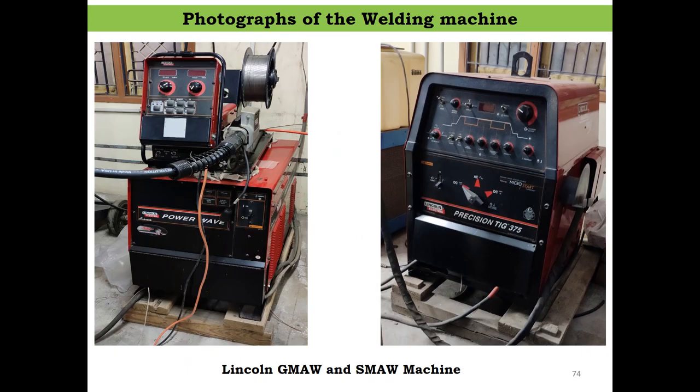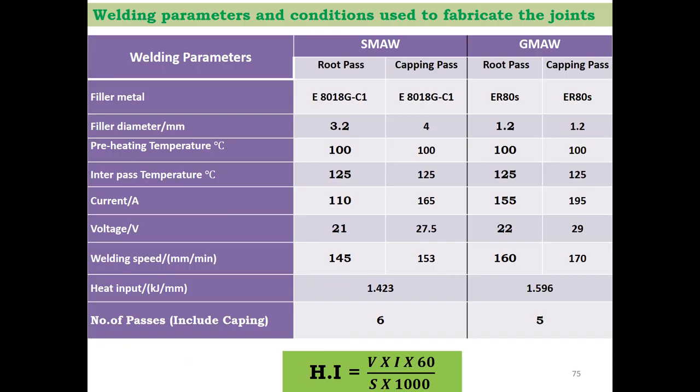We went for two different welding techniques, GMAW and SMAW, which are available here in our center. This is the welding parameter which was used to fabricate the SMAW process and the GMAW process.